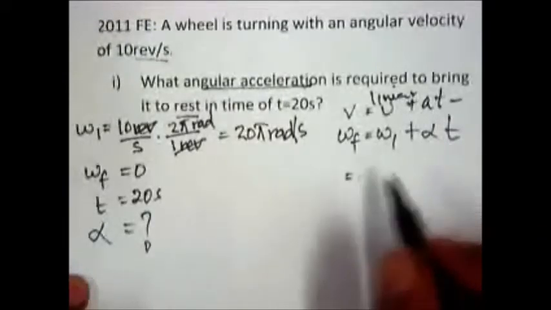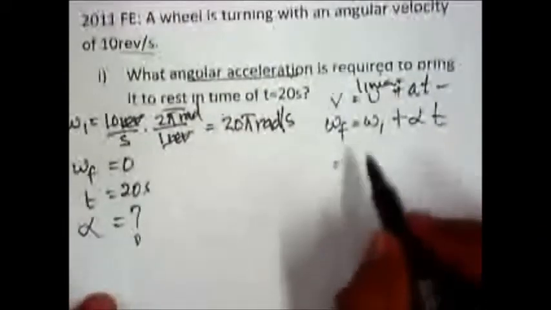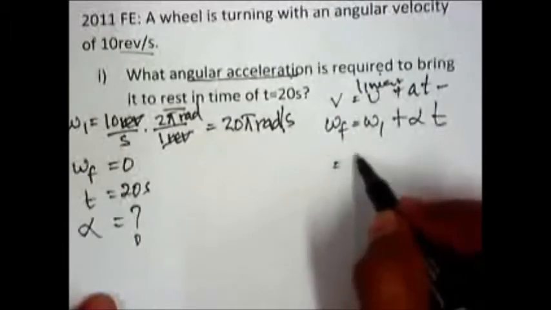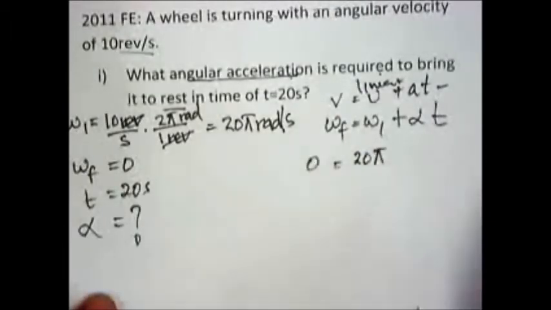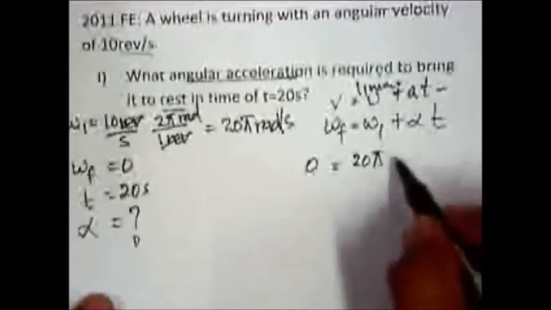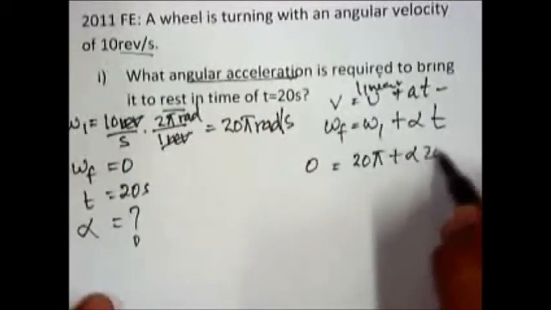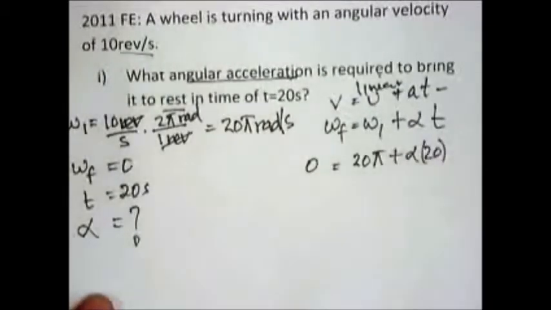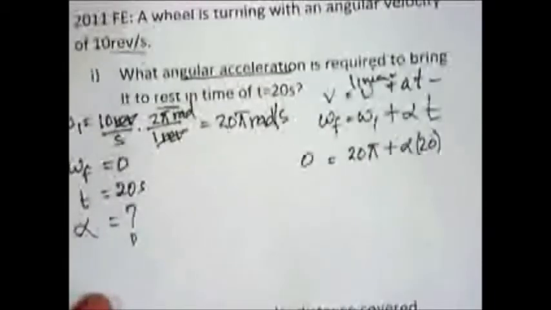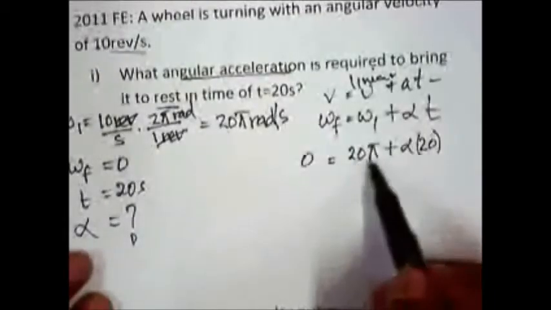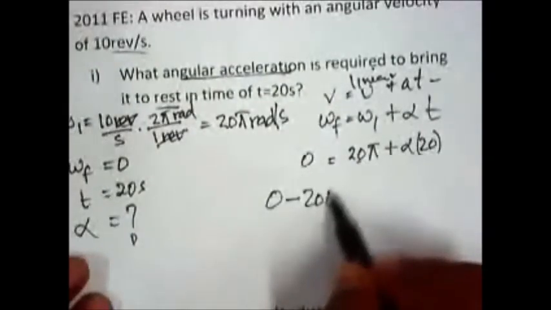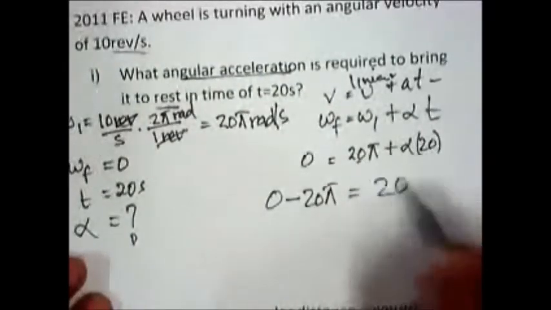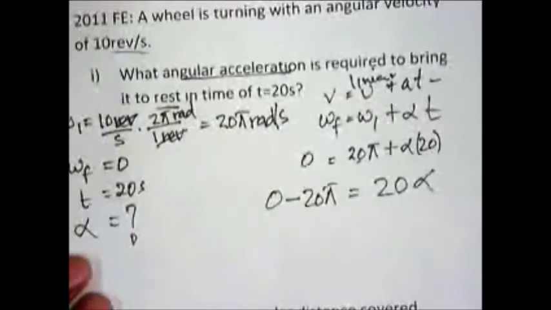So you put in the values. Your initial is 20 pi, this side is 0, plus alpha into 20. If I bring 20 pi this side, it becomes 0 minus 20 pi is equal to 20 alpha.